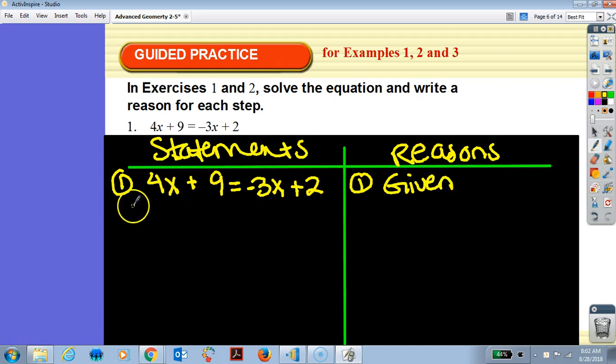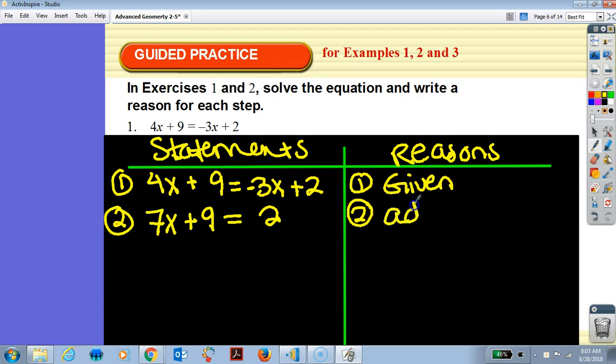All right, what do I do first? If I was solving this, what would I do first? I'd get the x's together, so I'd add 3x to both sides. So I'd have 7x plus 9 equals 2. And that was addition property of equality.